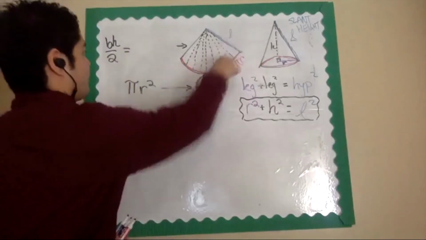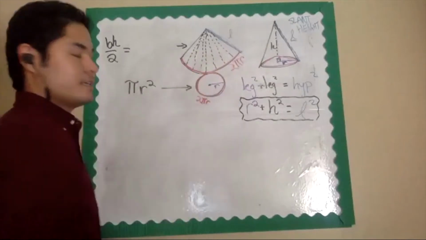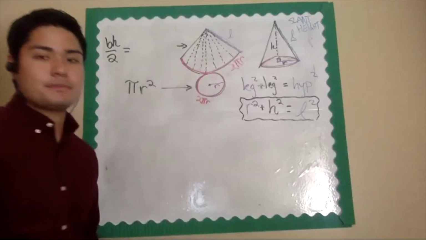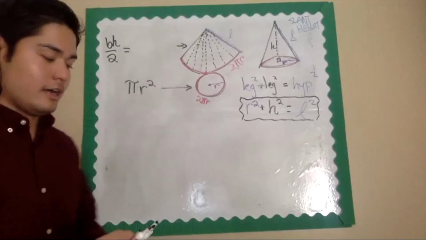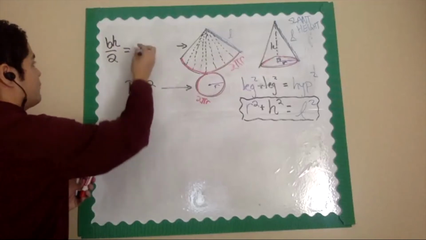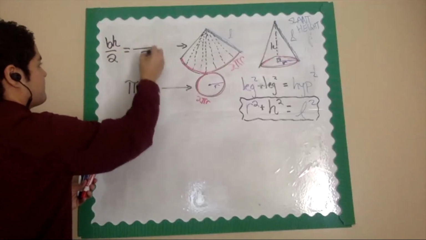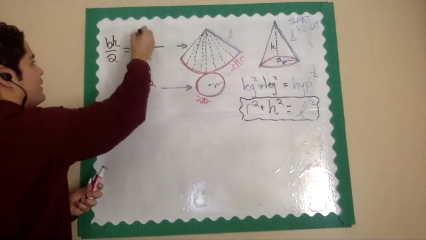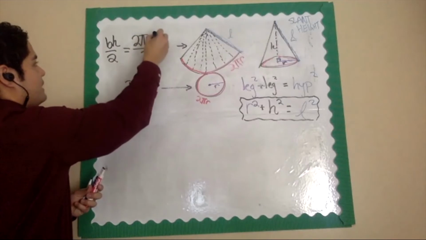The bases of all of these triangles add up to 2 pi r. So I'm going to rewrite this, but instead of writing b, I'm going to write 2 pi r.